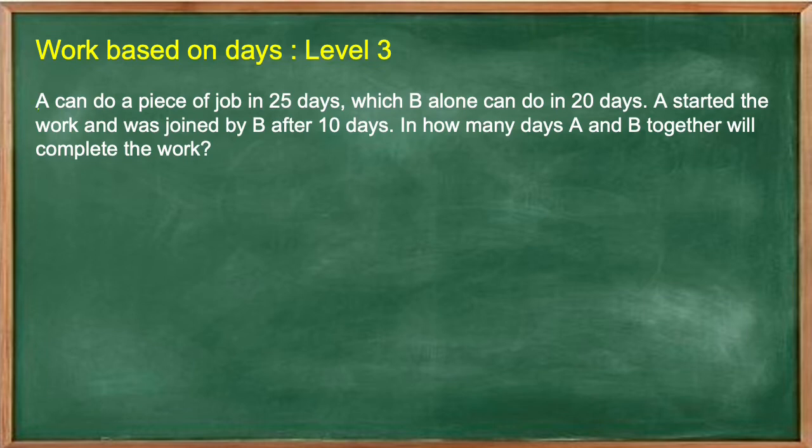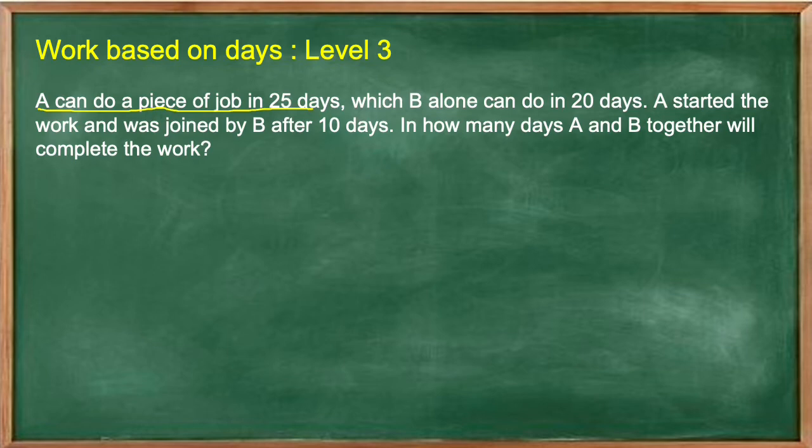A can do a piece of job in 25 days. A piece of job doesn't mean a part of work. As I have already told you, a work is always considered as one work. So A can do a job in 25 days.